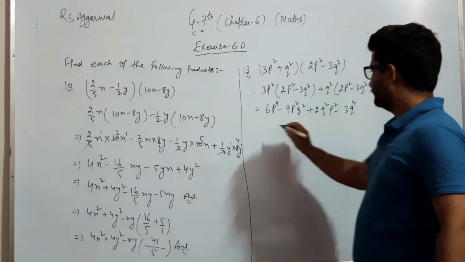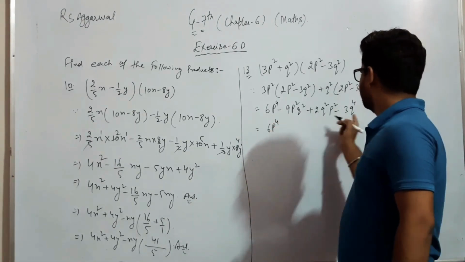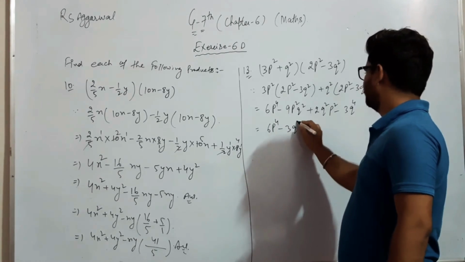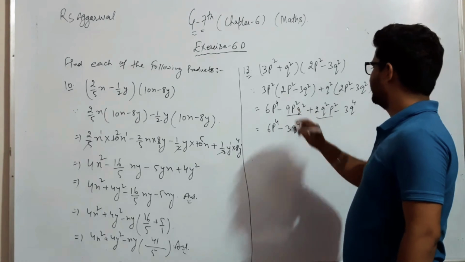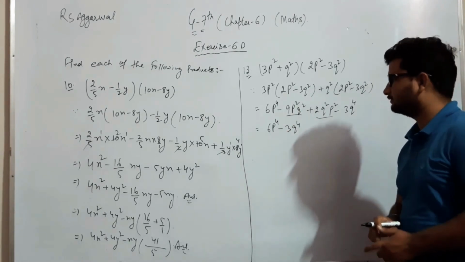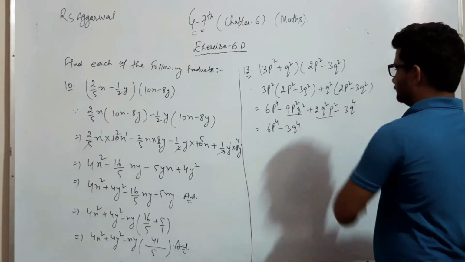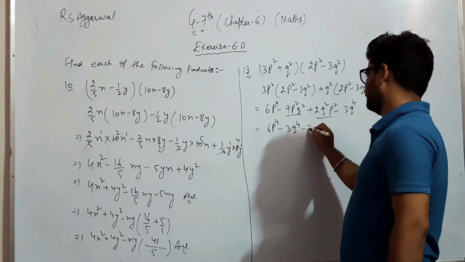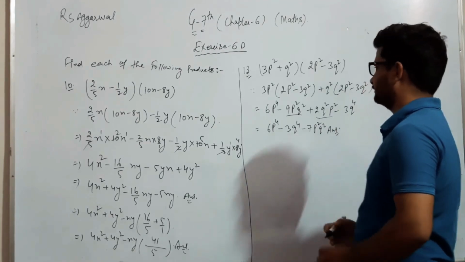Okay, so we add the like terms here, 6p4 and this minus 3q4. So this is the like term. So here 9 with the minus sign is the larger number, then 9 minus 2 will be 7. So minus 7 p2 and q2. This is the answer of this question.